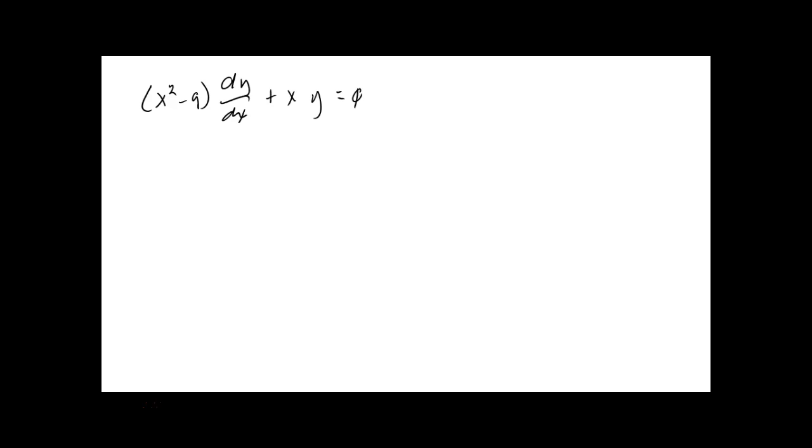So the next question is, is it in standard form? Why not? Because that x squared minus 9 is the coefficient of dy dx. We don't want that. We want that coefficient to be 1. So what can we do? Divide everything on every side by x squared minus 9.